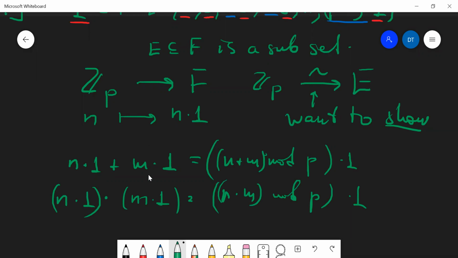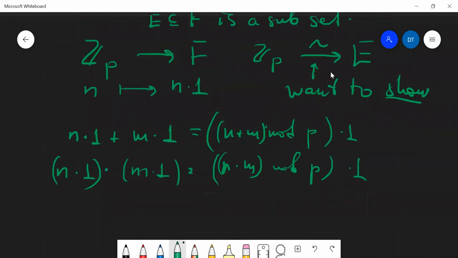If we show that these equalities hold, then first of all, E is closed under addition and multiplication, so it's a subring. And second, it means that the map from Z_p to E preserves addition and multiplication, and it's clear that it preserves the identity element. So this is all we need to prove.